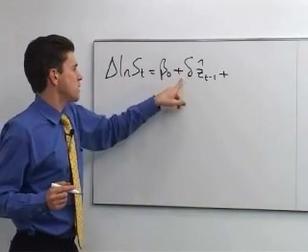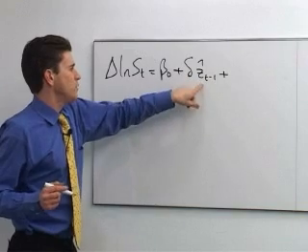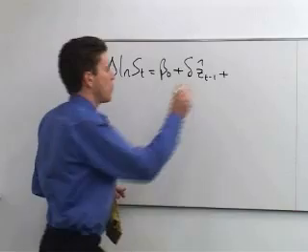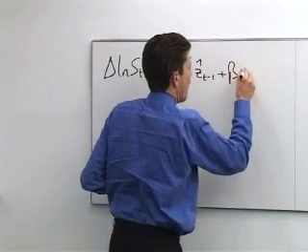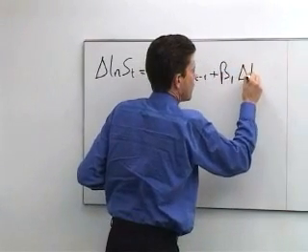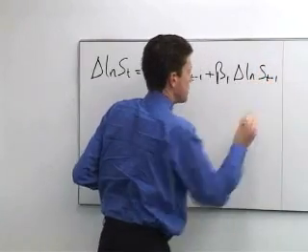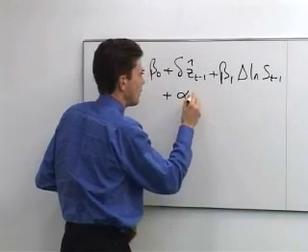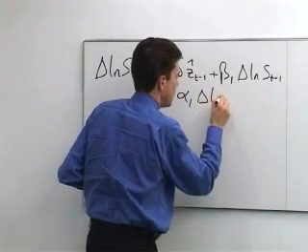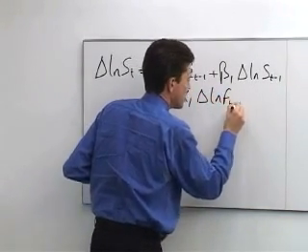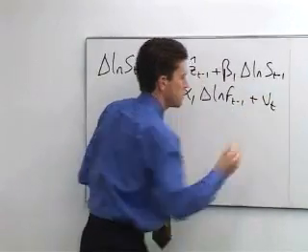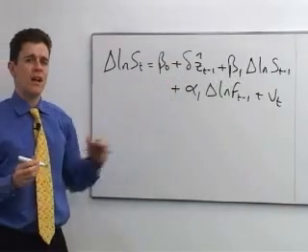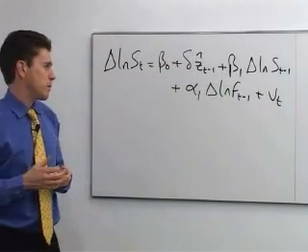Then we've got plus beta 0 plus delta multiplied by the lagged disequilibrium term in here, plus beta 1 multiplied by the change in the log of the spot price at time t minus 1, plus alpha 1 multiplied by the change in the log of the futures price at time t minus 1, plus the disturbance term v_t. So this is the model that we're actually going to use.